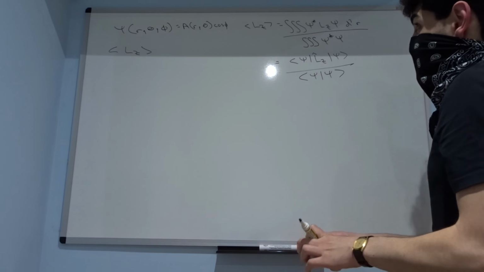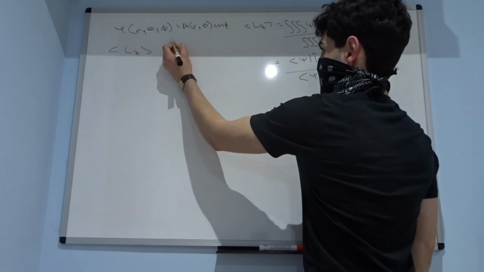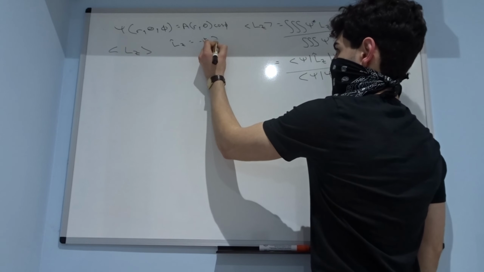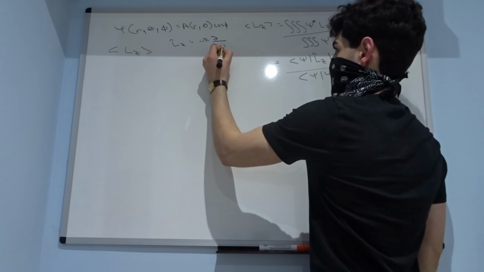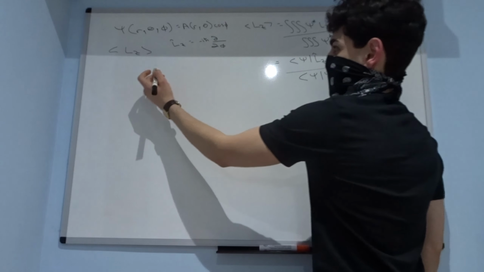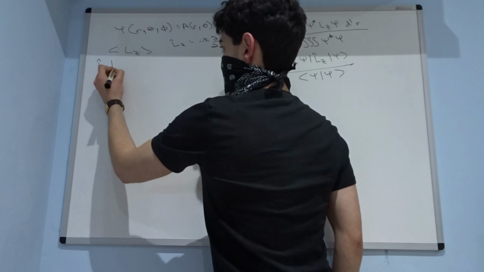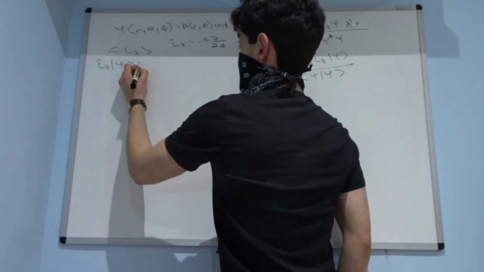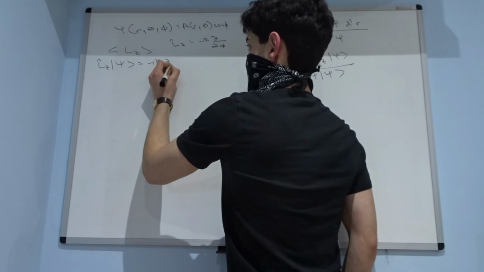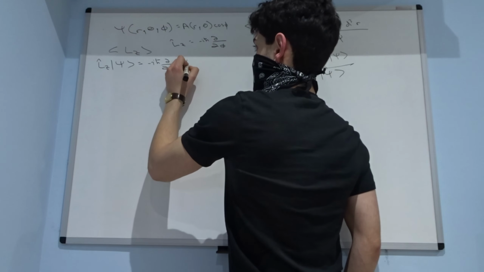Okay, so first we know that the operator Lz hat is equal to minus i h bar, partial d by d phi. So when we apply it to this, Lz hat psi is going to equal minus i h bar, partial of phi, A of r theta cos phi.